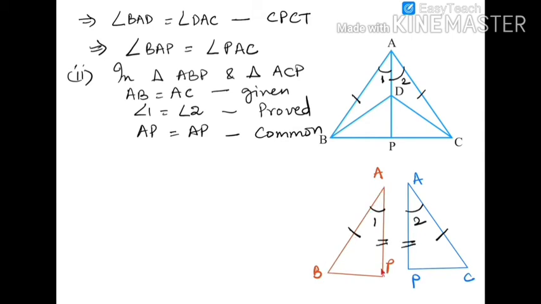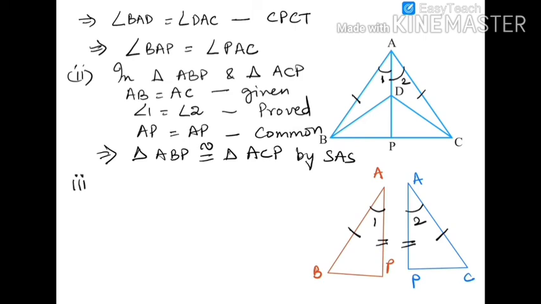So two sides and an included angle of one triangle are equal to the corresponding sides and included angle of the other triangle. So which rule do we apply? Side, angle, side. So symbolically, triangle ABP is congruent to triangle ACP by SAS.